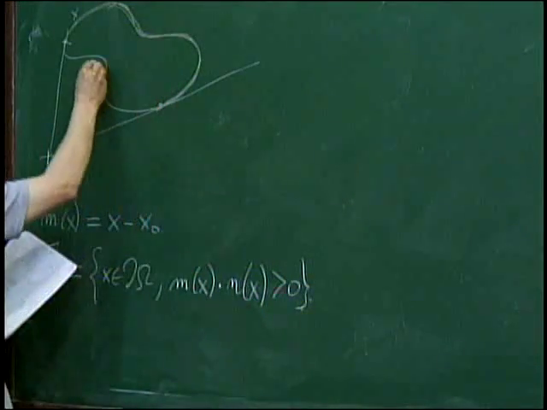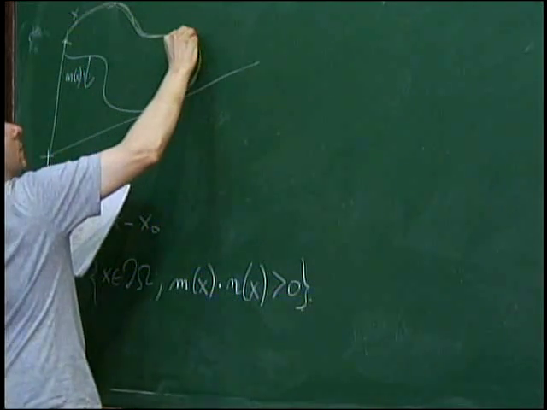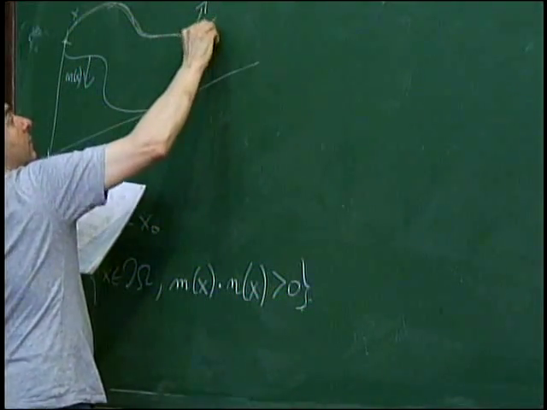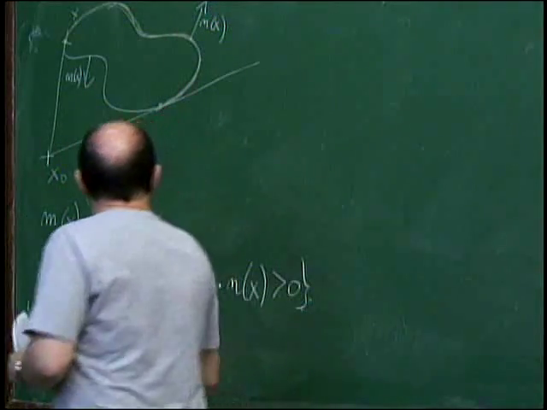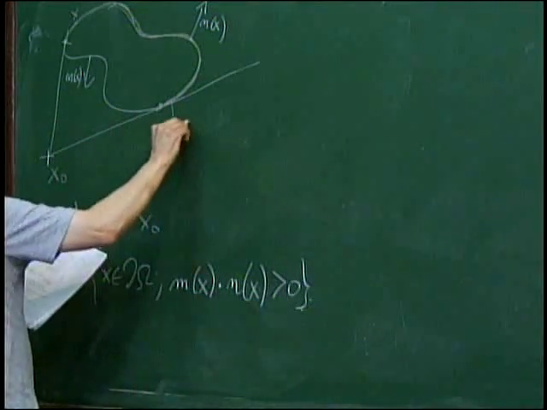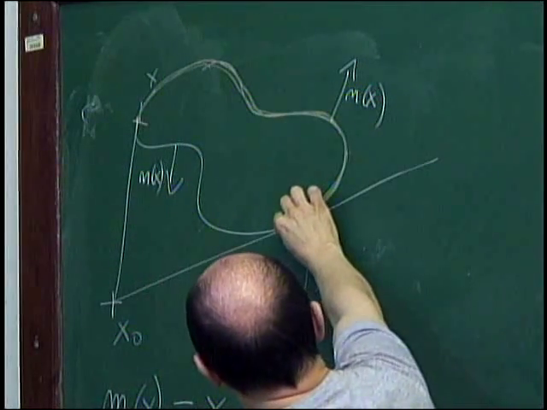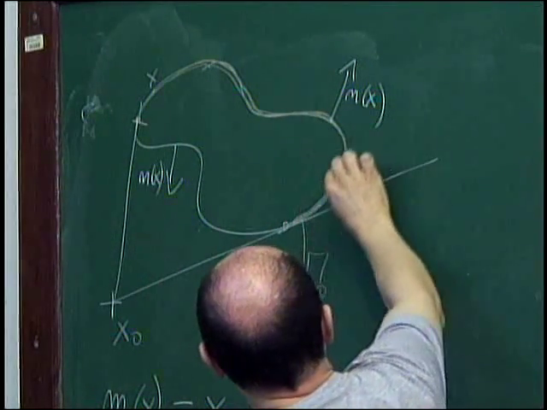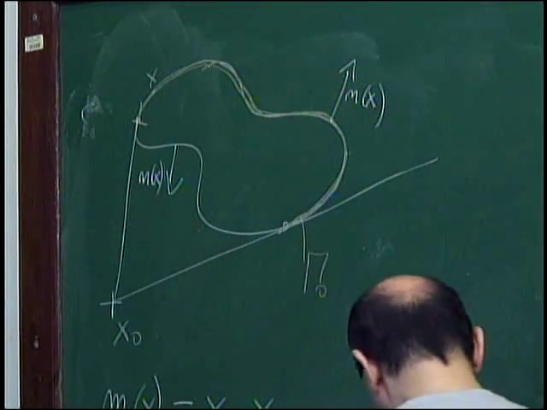So you write everywhere the normal vector, n of x, okay? So this is my set gamma 0, you see. Here the two vectors are collinear with the same direction. The scalar product is positive, and here it will be negative, okay?